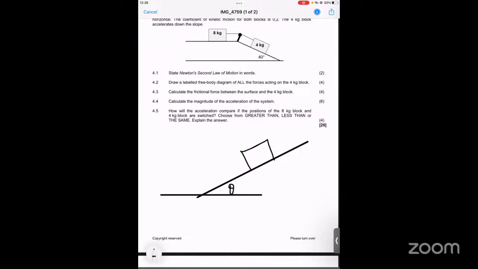So let's say for this object there is no applied force, but this object is moving down an incline. So in terms of the forces, we know we will always have this force going down, and then we will definitely have that one being the normal force. So maybe let's say we do have a frictional force because the surface is rough.